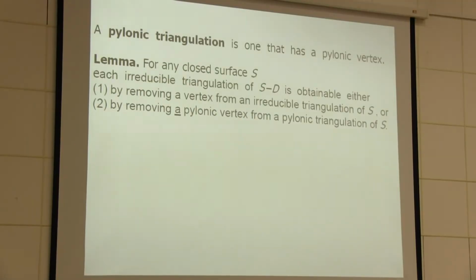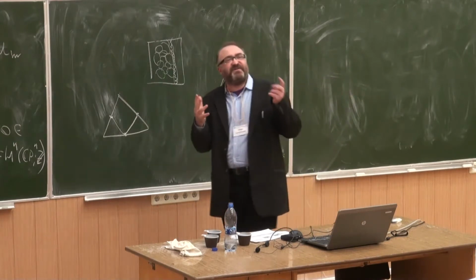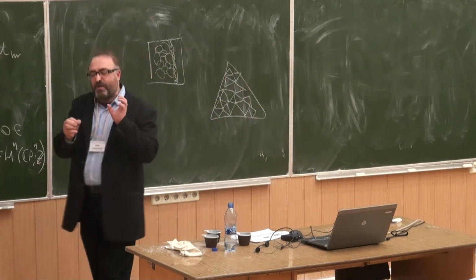Here you may be curious why I use an indefinite article "a" in the second way of obtaining the irreducible triangulation. Because actually, you know, there are triangulations that have only one cable.